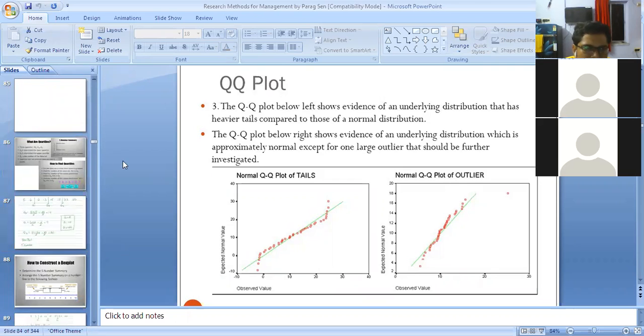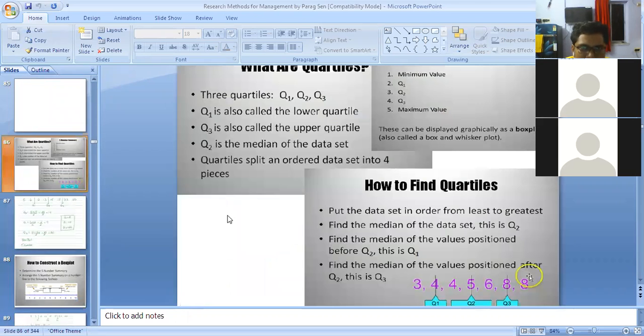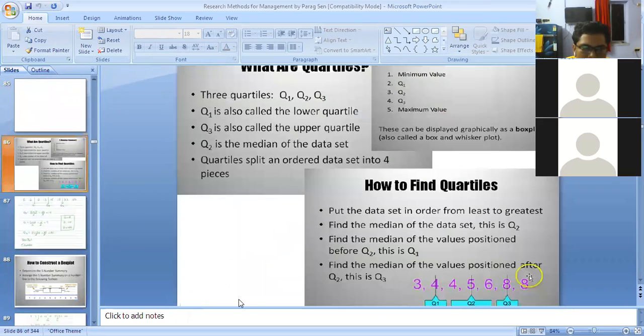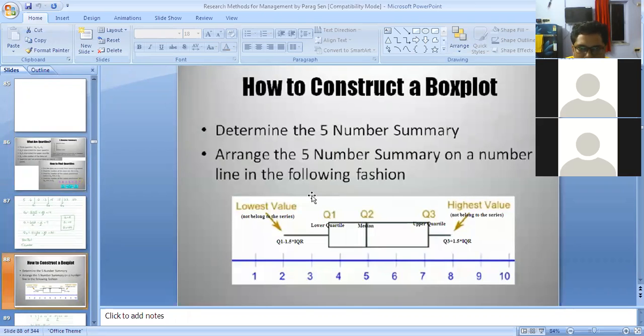But one thing is very interesting, that is the box plot. Box plot looks like this. I am telling you why the box plot is used and why it is very interesting. The first thing is that the box plot explains how your data is distributed.